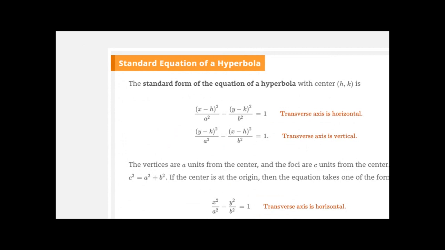So it's subtracting there, and an ellipse has a plus. Very similar equations, so that one sign difference is the difference between an ellipse and a hyperbola. And if you switch where the transverse axis is, instead of flipping the a squared and the b squared as with an ellipse, you flip the y and the x part at the top of the fractions. But you're still kind of reversing places here.